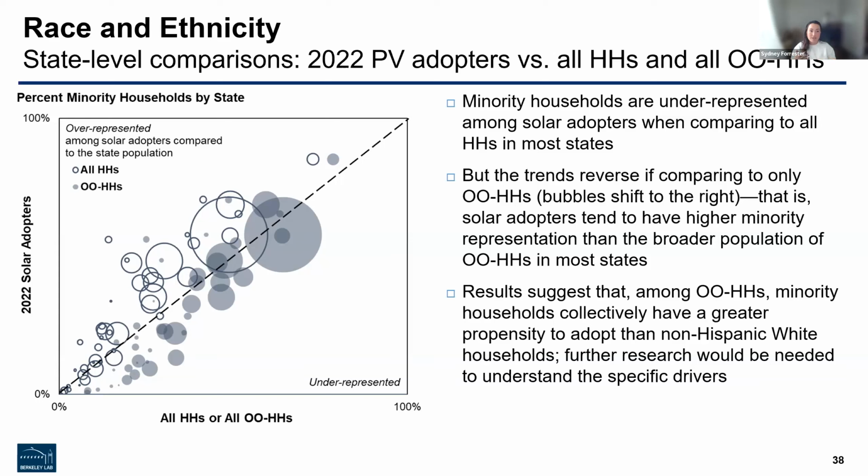In this case, the directionality actually switches, which is interesting. So when you compare these solar adopters to all households in their state, minorities tend to be underrepresented. However, when you control for owner occupancy, the minority householders actually tend to be overrepresented.